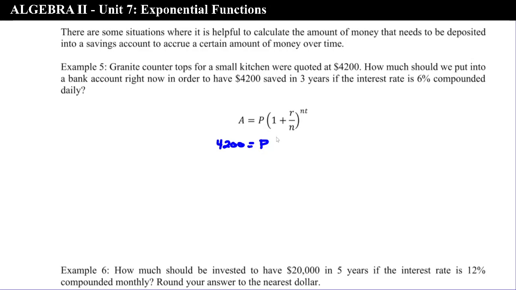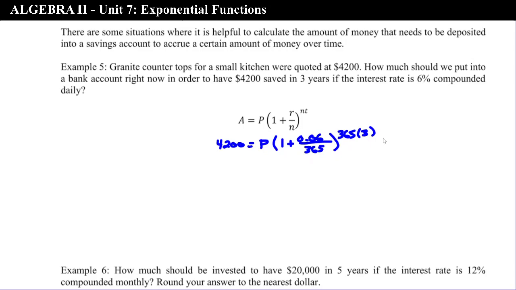So that's our P. That's what we're going to solve for. Our interest rate is going to be 0.06, and our N, if we're compounded daily, is 365. And that's going to go up here as well. And we know we want to get that amount in 3 years, so that's your T.